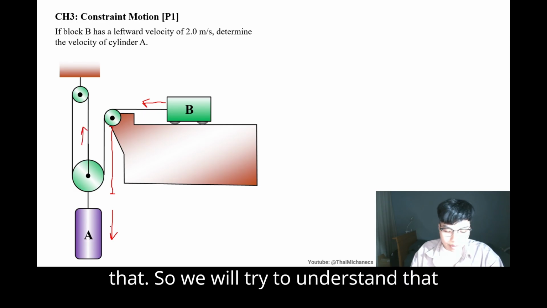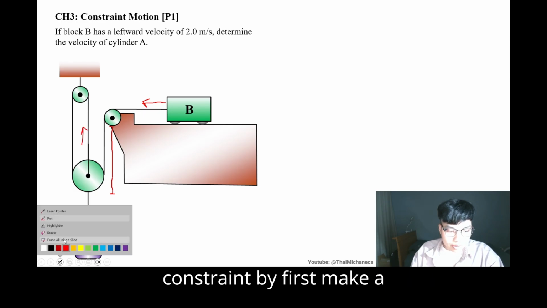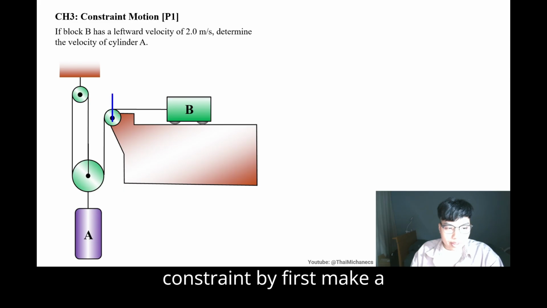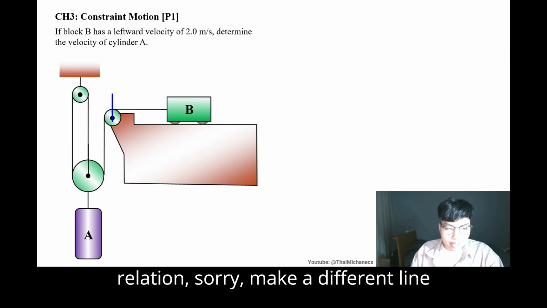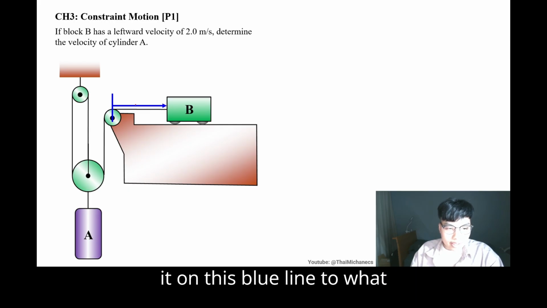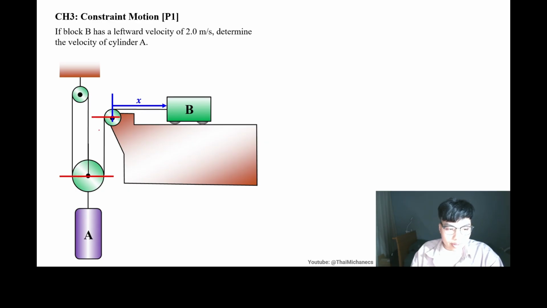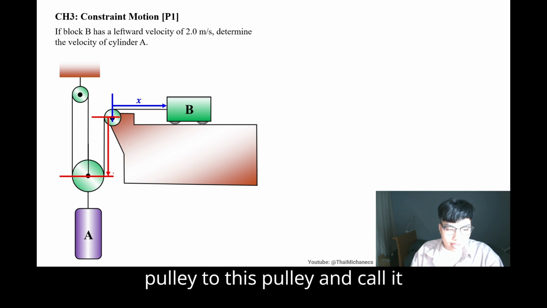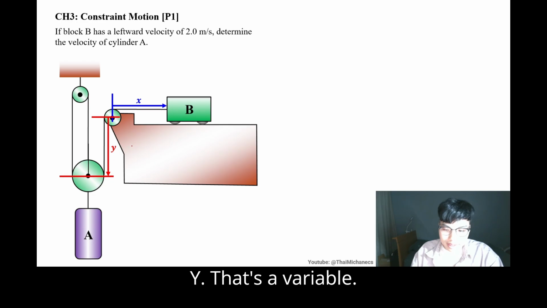We understand that constraint by first making a reference line from the fixed point. I make it on this blue line toward block B, and call it x. Then, in the red line vertically from this pulley to this pulley, I call it y as a variable.